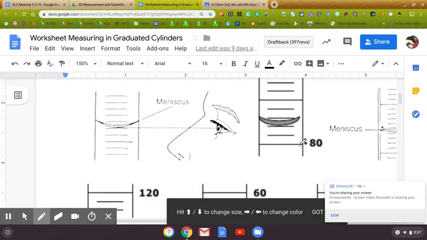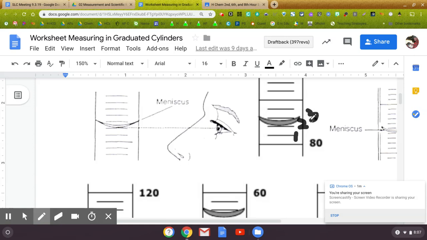So we know that this is 80, this is 81, this is 82, this is 83. So the bottom of our meniscus is falling between 82 and 83. We know that for sure. So you would say it's 82 milliliters, but then it's also point something. So point zero maybe, or maybe it's point one. I wouldn't say that point two is out of line, but we're starting to get at a number that's really no longer all that great.